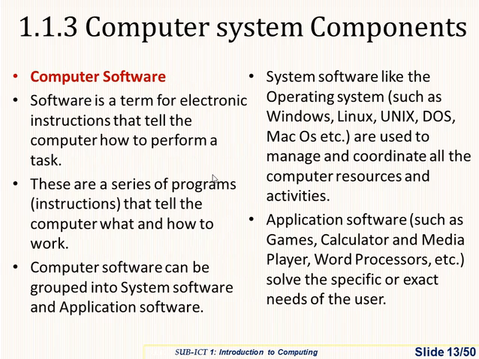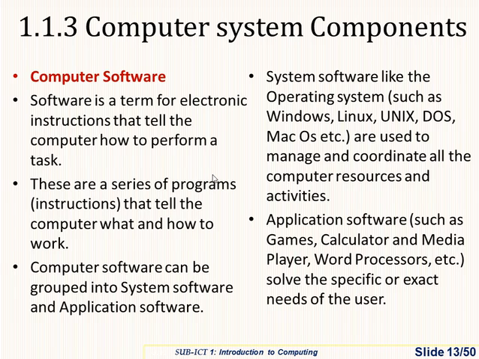Then the second component is the computer software. Software is a term for electronic instructions that tell the computer how to perform a task. It is just the instruction. So, if you compare a computer with our body, software is our mind, because it is our mind that tells us what to do.